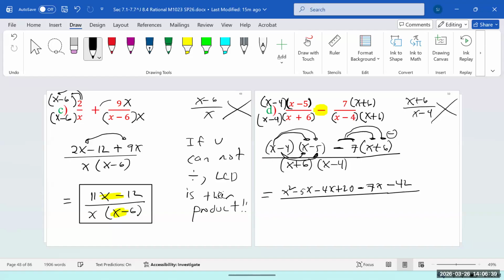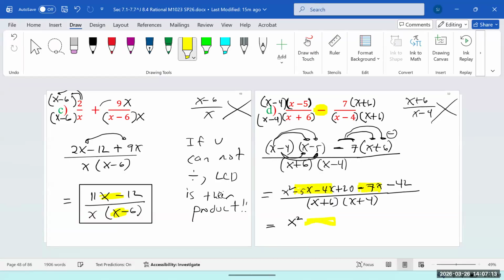So see, sign changes. Anytime you subtract more than one element, you have to change sign. Do not distribute the denominator unless it's needed. Keep it. And then you combine like terms. We have x squared. Do you see any other x squared in the numerator? So a single x squared. And then we have minus 5x, minus 4x, and minus 7x.